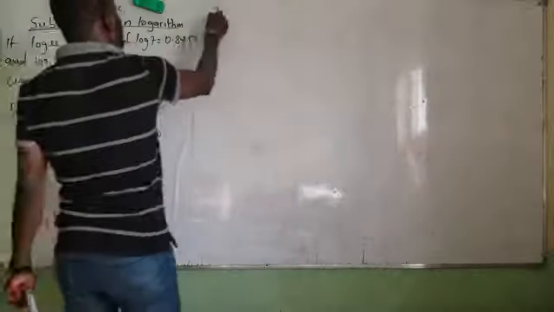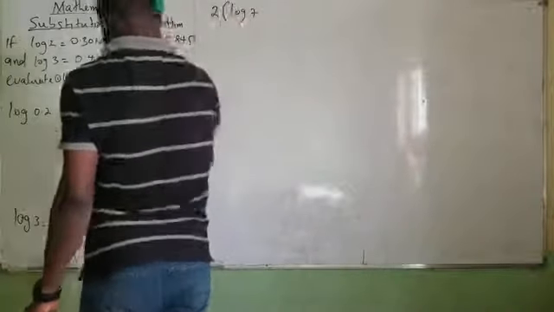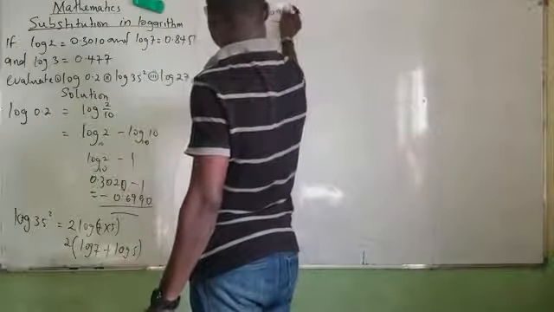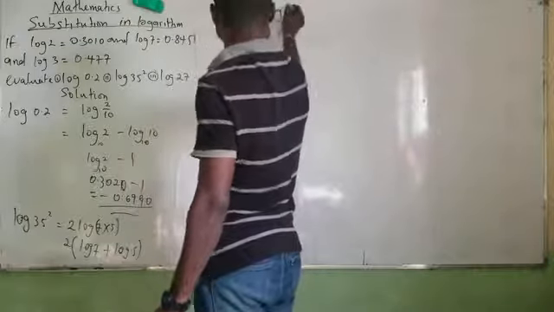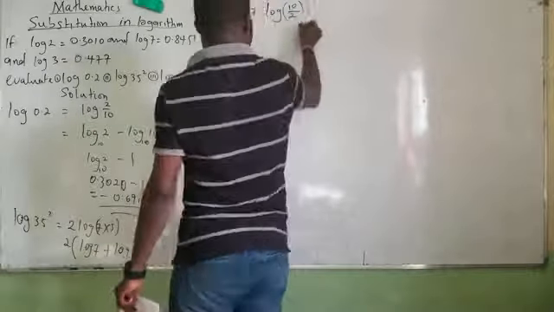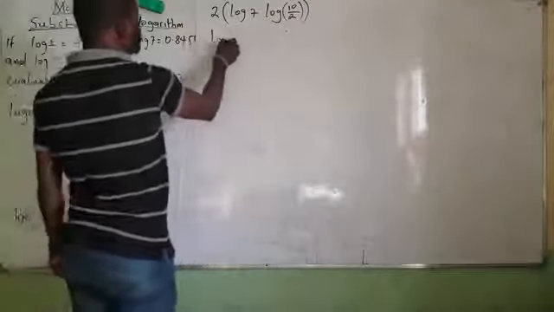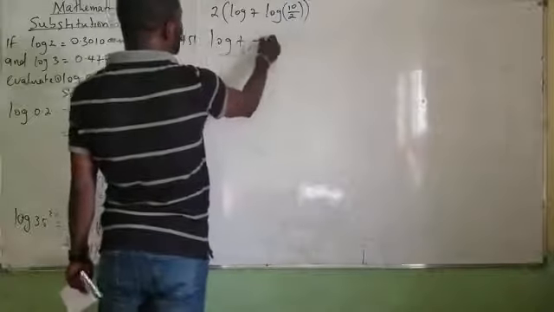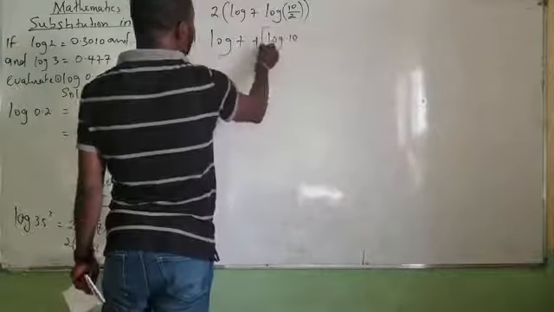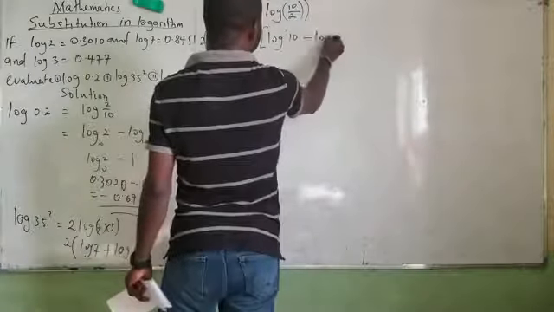I can write 5 as 10 divided by 2. We all know that 10 divided by 2 is equal to 5. Now, since I have that, I will open another bracket: log 7 plus log 10 minus log 2.